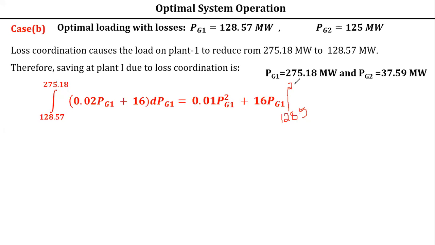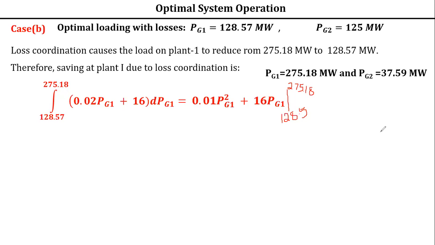This is how you show it, because I could not show it in this fashion using the equation editor. So this is 0.01 PG1 squared plus 16 PG1 over the limits 128.5 to 275.18.